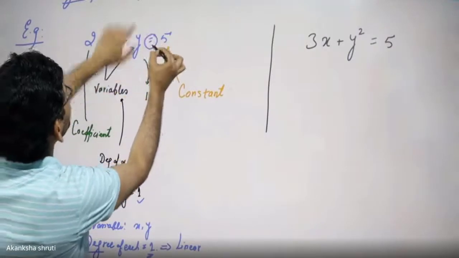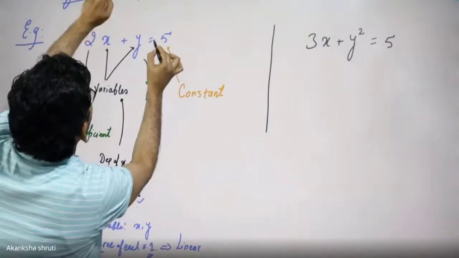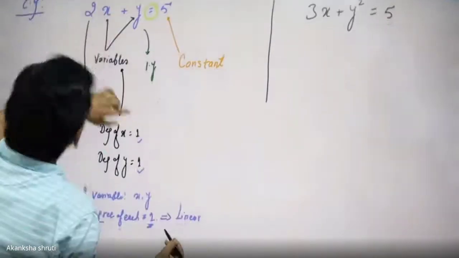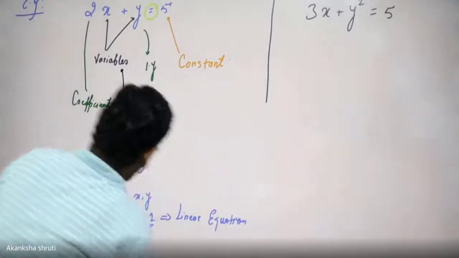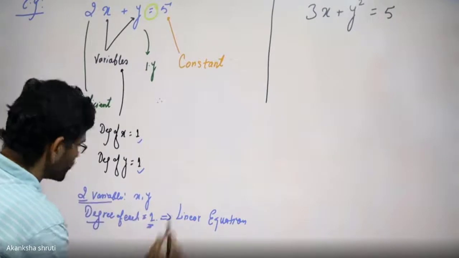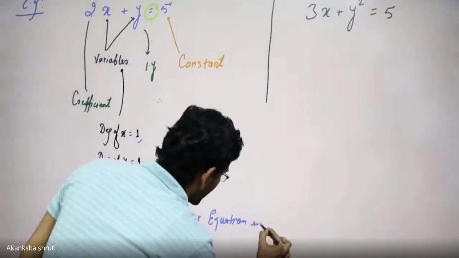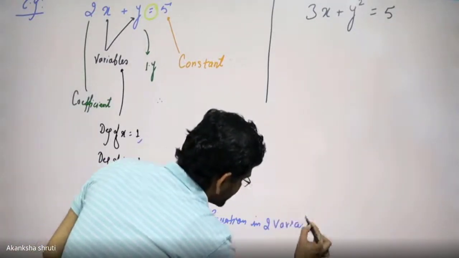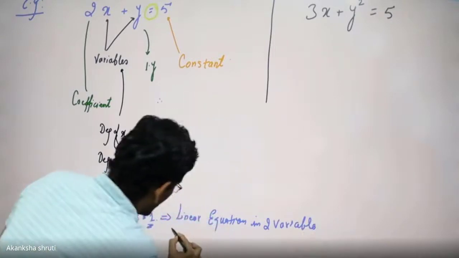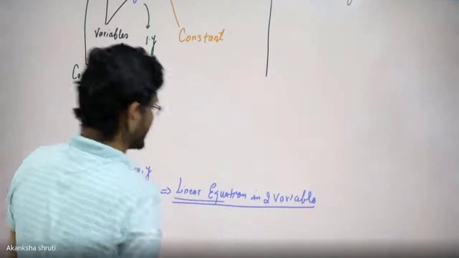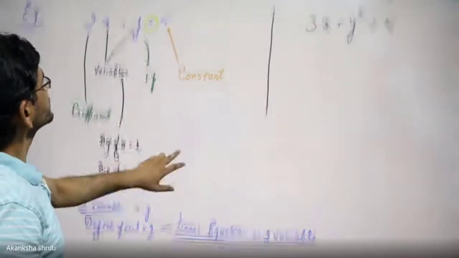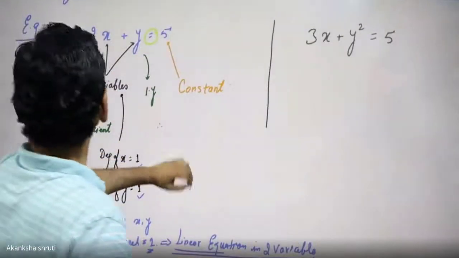Since it contains the equal sign, this is the equal sign, because of this equal sign, it is called an equation. And how many variables? Two variables. I hope now all of you are able to understand why it is called a linear equation in two variables. So this is one of the linear equations in two variables.